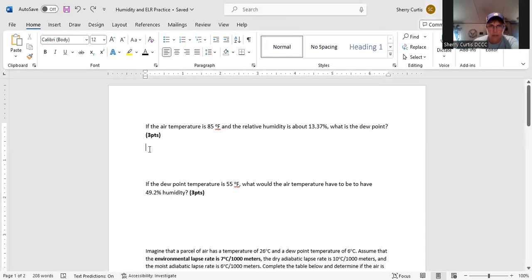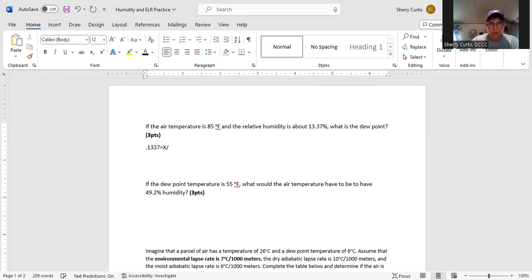Down here, it says if the air temperature is 85 degrees Fahrenheit and the relative humidity is 13.37, what is the dew point? So I set it up the same way as before, but instead of solving for humidity, I already have it. So I'm going to change my percentage to a decimal. That makes it 0.1337. I'm going to set that equal to X because I'm looking for my amount of humidity.